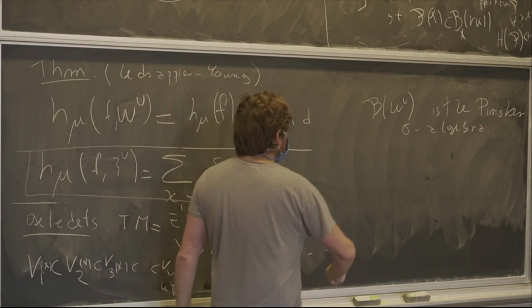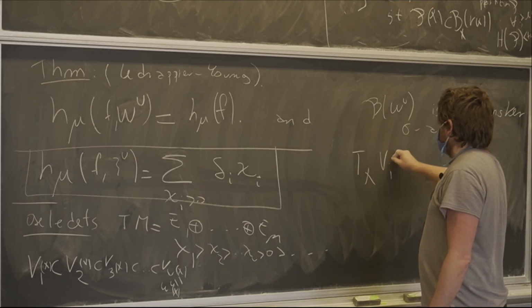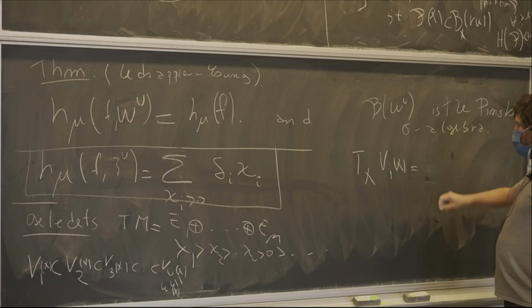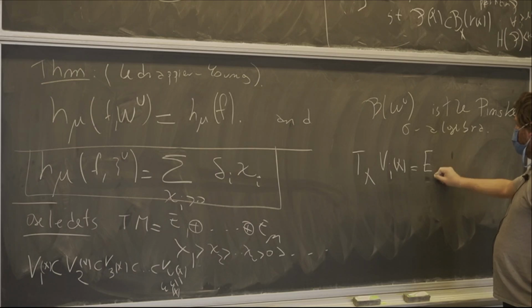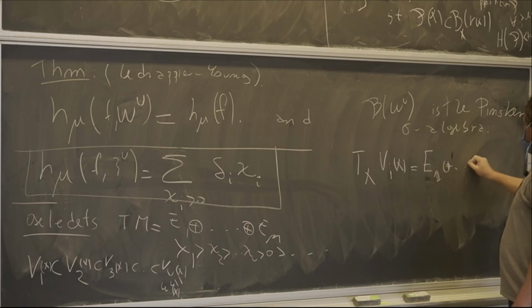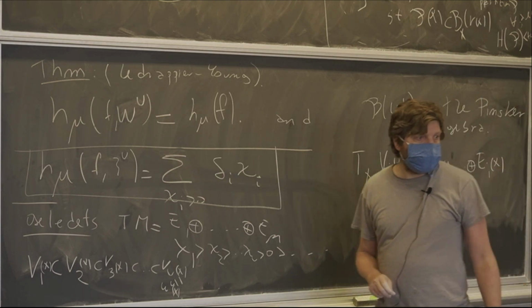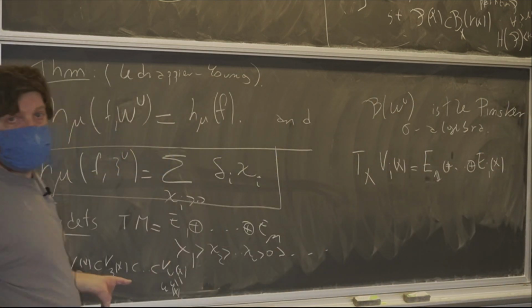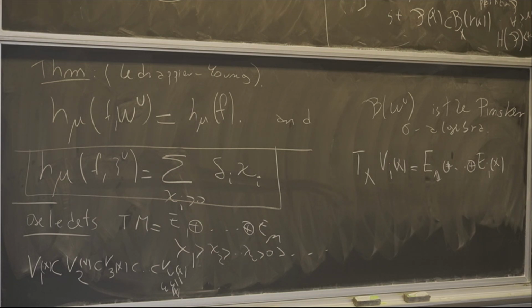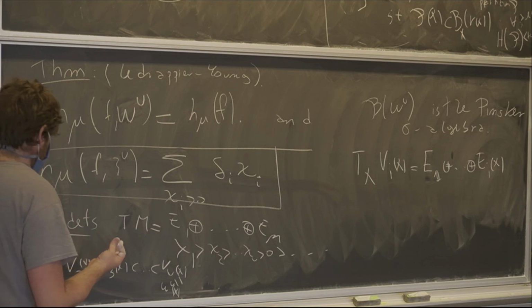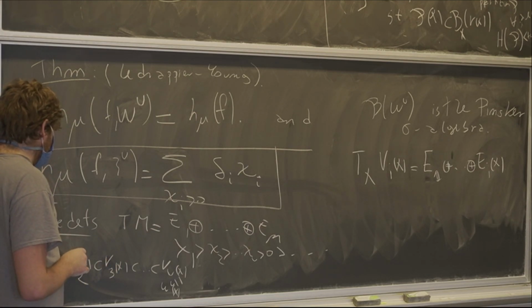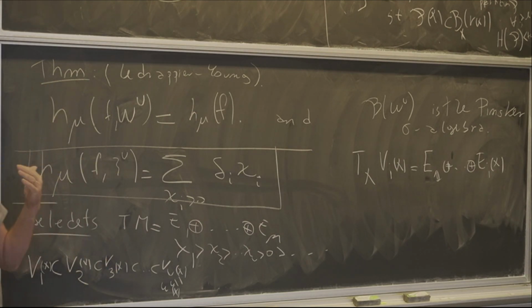Where each of these B_i of x is E1 up to E_i. Okay, so you have this flag once again. And the fact that we are playing with flags here, and also in SL_n(R), is not a coincidence, so it's part of the same game.